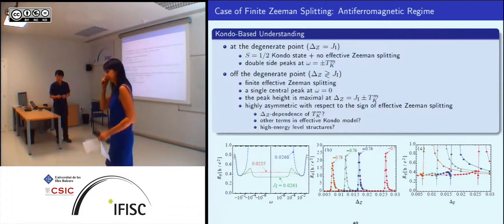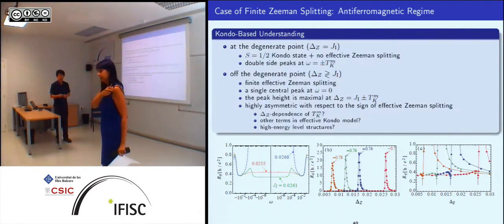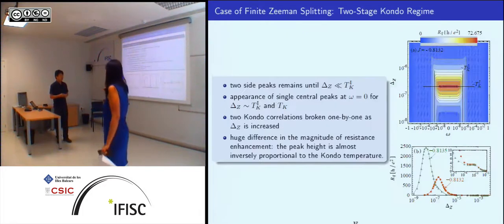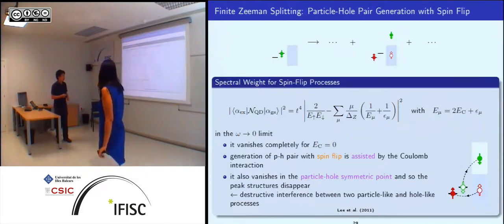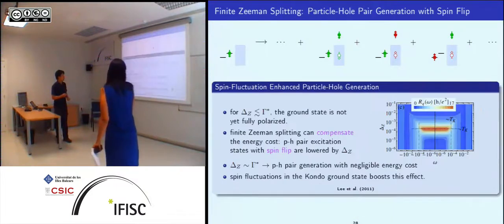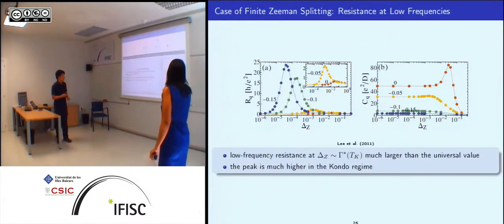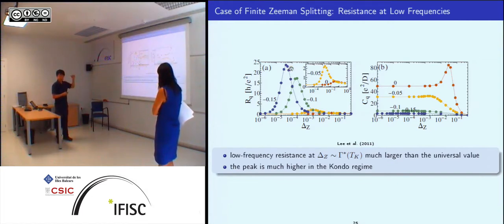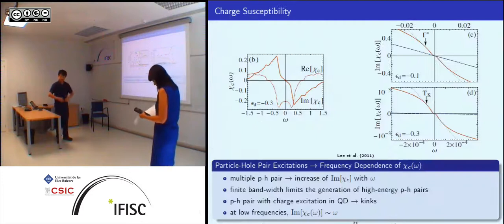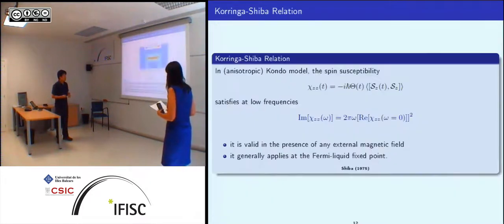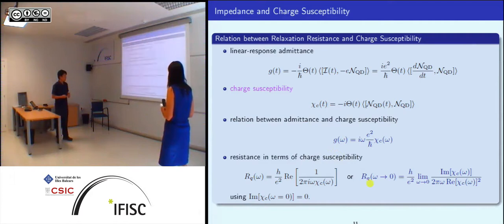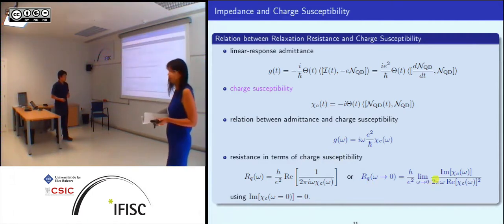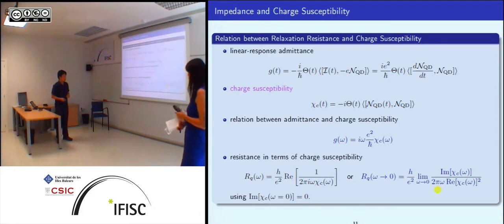Is there any upper bound to the charge relaxation resistance, or can it grow forever? I think that there is no upper bound. We have seen that the peak height increases as the Kondo temperature decreases. It is simply because the resistance is inversely proportional to the frequency omega.